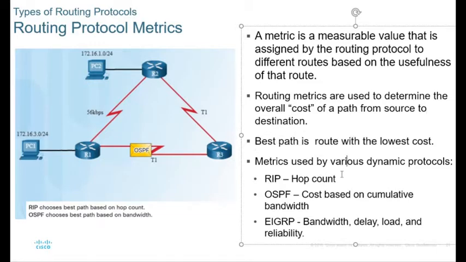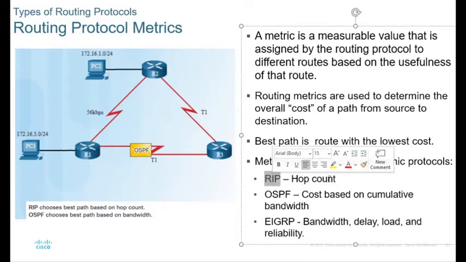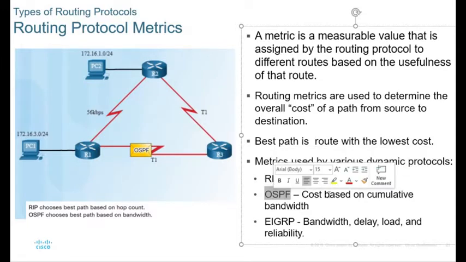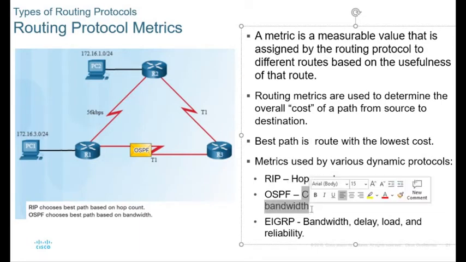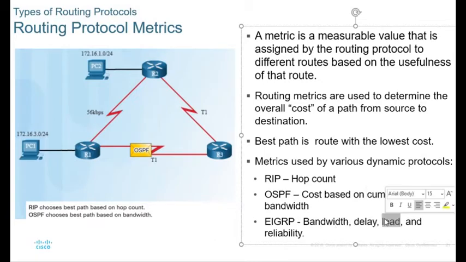Now let's take a look at the metrics used for various dynamic protocols. RIP uses hop count. OSPF uses cost based on cumulative bandwidth. While EIGRP uses bandwidth, delay, load, and reliability.